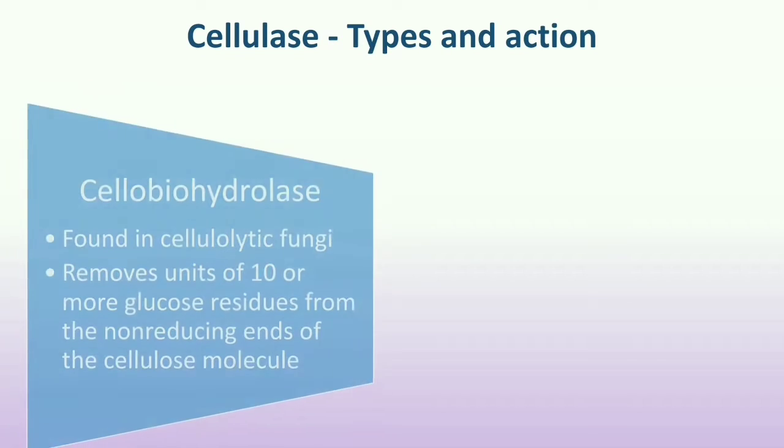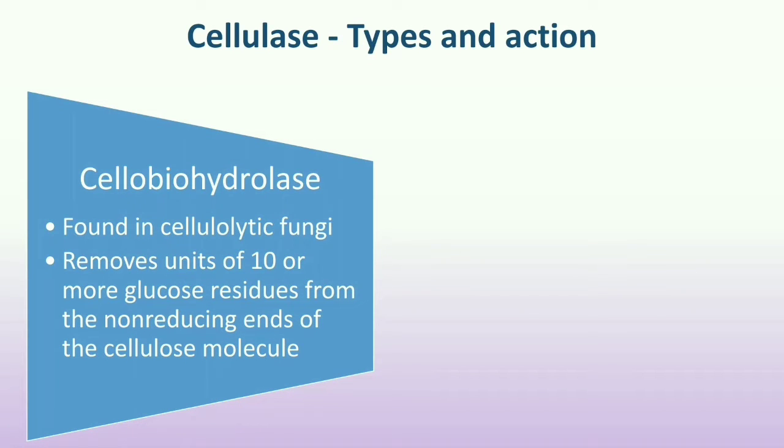The next enzyme in the family of cellulase is cellobiohydrolase. The cellobiohydrolases are mainly found in the cellulolytic fungi. Cellobiohydrolases have the capacity to remove around 10 or more glucose residues from the non-reducing ends of the cellulose molecule at the same time.